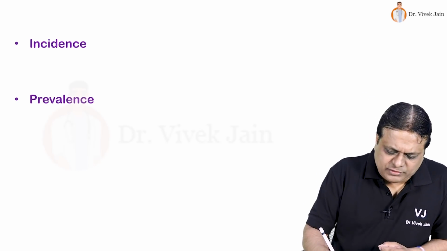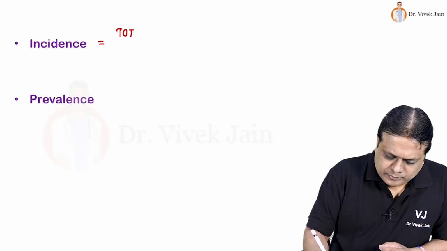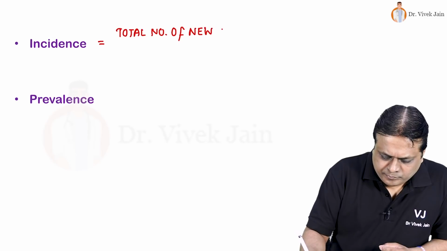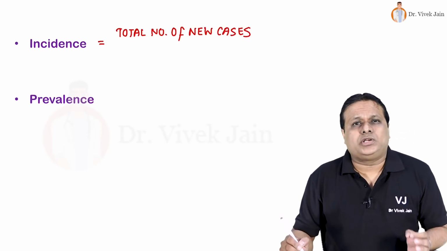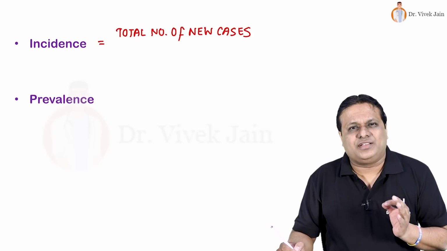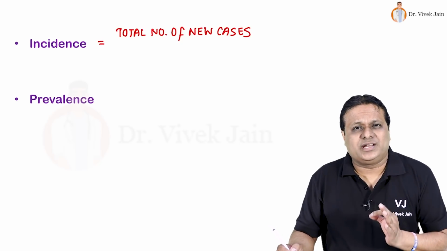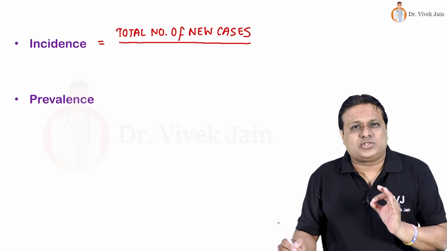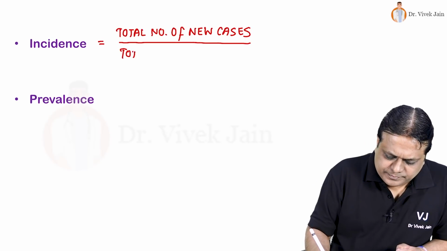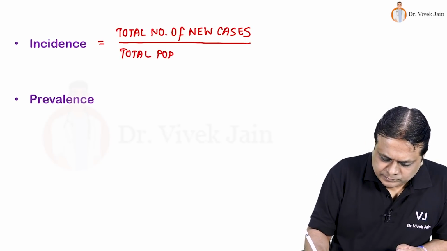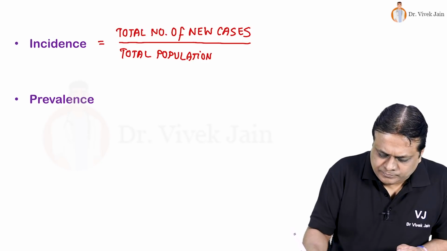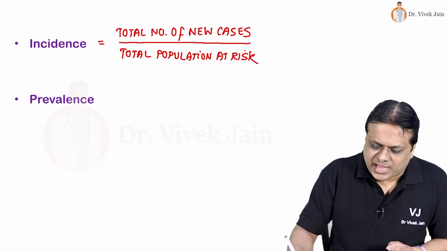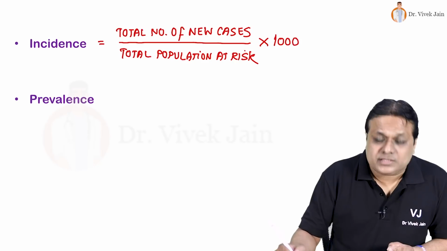Incidence is given by the formula total number of new cases of a disease in a defined population in a defined unit of time, generally that is 1 year, divided by, please remember, denominator is not total population, rather it is total population at risk, and the multiplier is 1000.